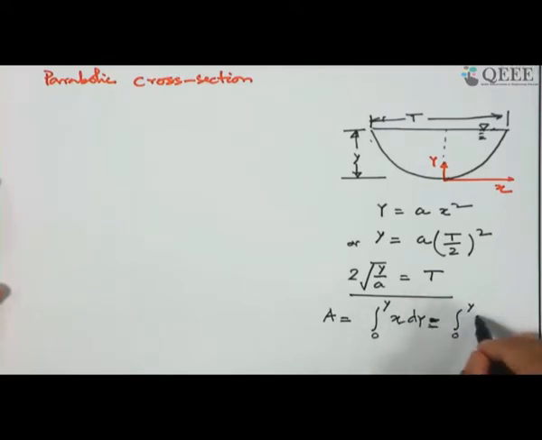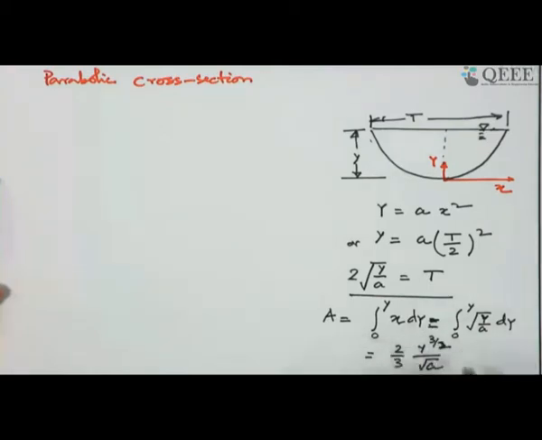What is x? x is root over capital Y by a, and this is dy. So, we can represent it as 2 by 3 y to the power 3 by 2 over root a.